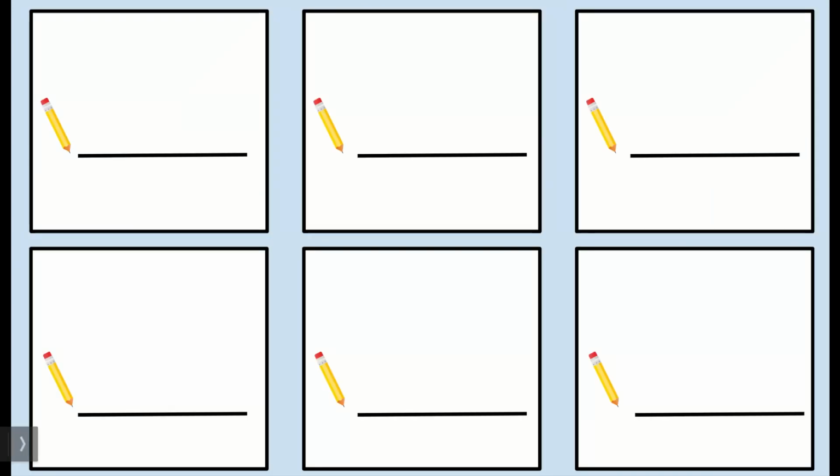Now let's spell some of those words. The first word that we're going to spell is the word payday. Payday is a compound word made up of two smaller words, pay and day. Spell the word payday.